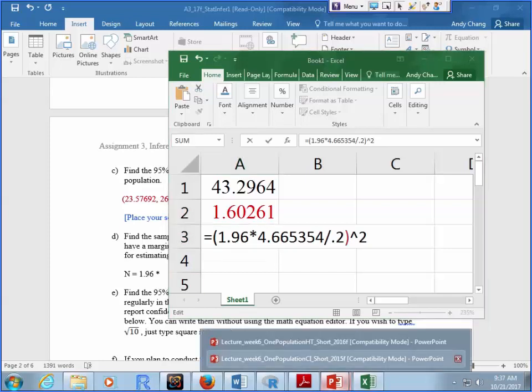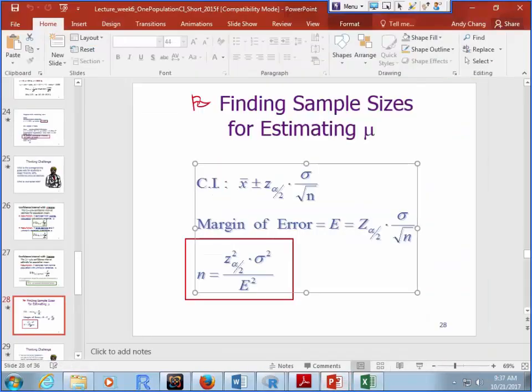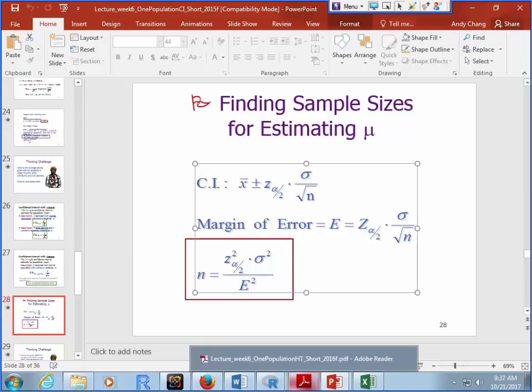And in the formula for this, it is z of alpha over 2. Alpha is 0.05, alpha over 2 is 0.025. So that's a z-score whose right tail is 0.025. So it's like the 0.975 quantile or 97.5th percentile from a standard normal distribution. Okay, so that's how we find that.